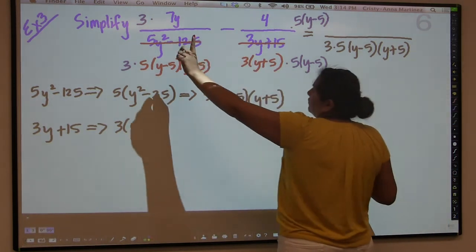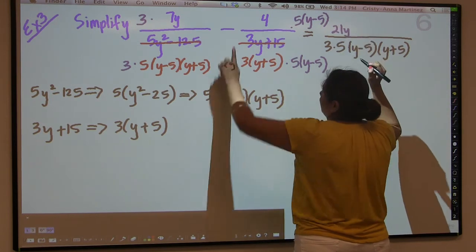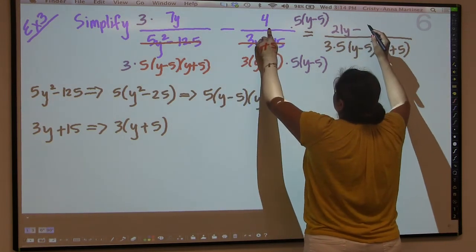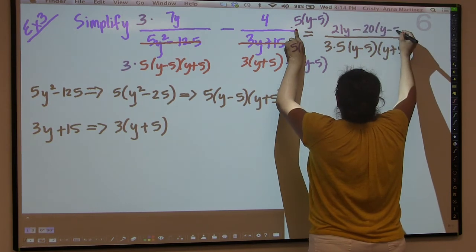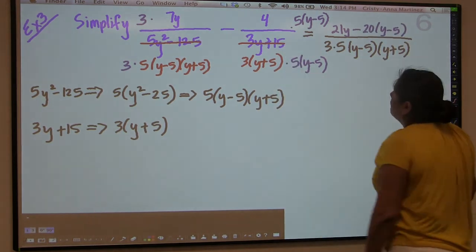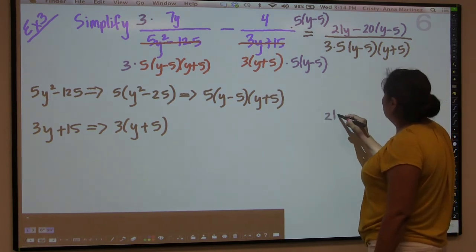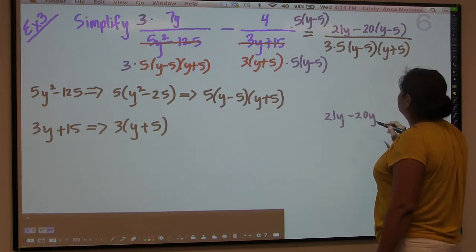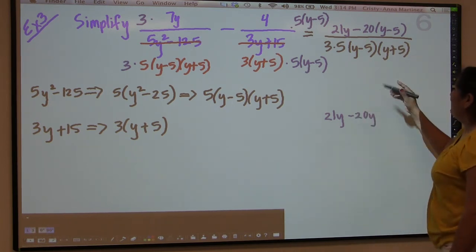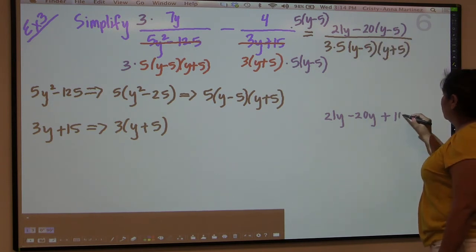So now we go to the top. 3 times 7 is 21y. And then we have a minus here. And this is 4 times 5, so it's minus 20 times y minus 5. All right, and now we're just going to simplify. So we're going to have 21y, negative 20y, because negative 20 times y is negative 20y. And then we have a plus 20 times 5, which is 100.